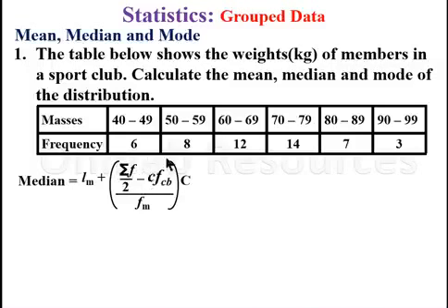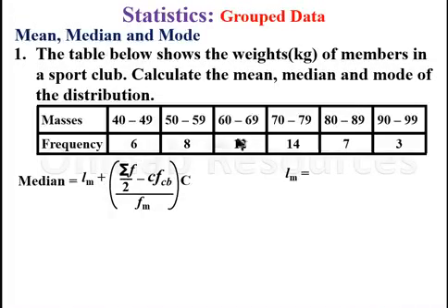This is the cumulative frequency of the class before the median class, the cumulative frequencies of all the classes before the median class, and this is the frequency of the median class. Here the data is arranged in ascending order, so we are going to take every parameter in this formula and solve them out, and that is the lower class boundary of the median class.